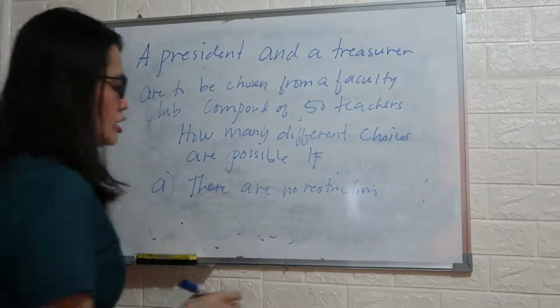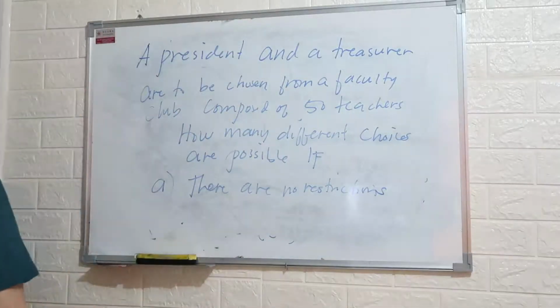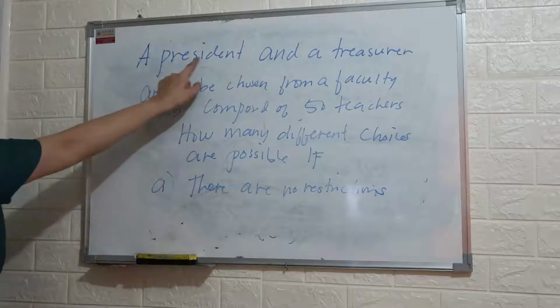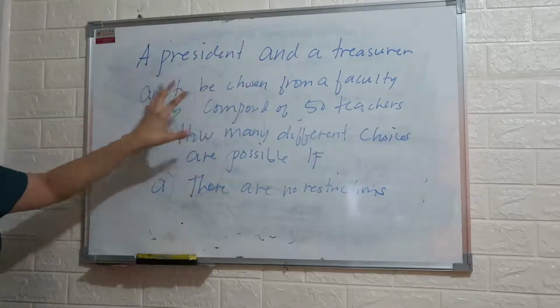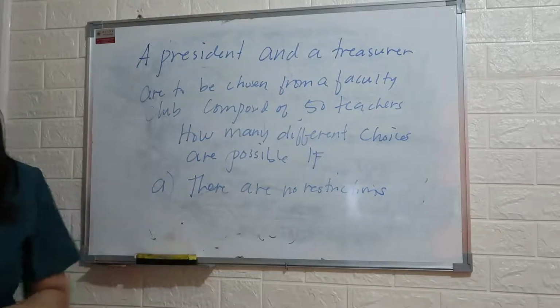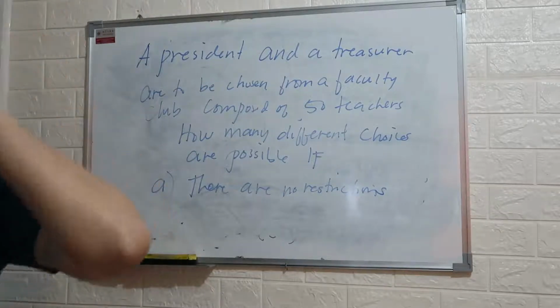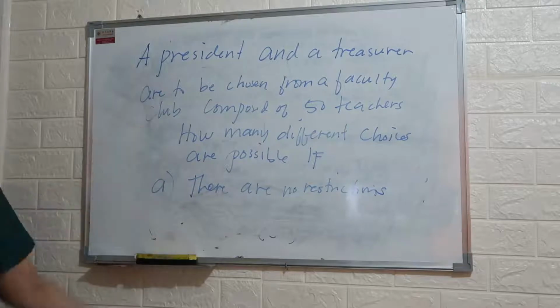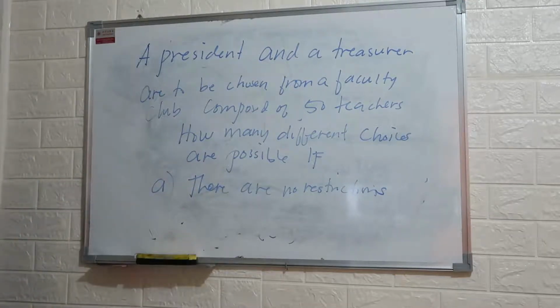So how do we answer it? A president and treasurer are to be chosen from a faculty club composed of 50 teachers. How many different choices are possible if there are no restriction? How do we answer this one if there's no restriction? What is your N?